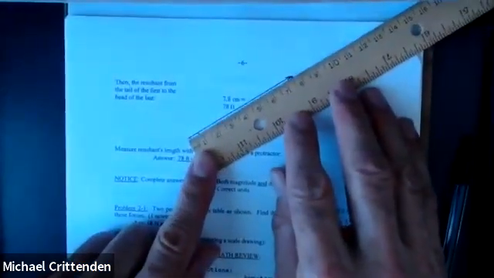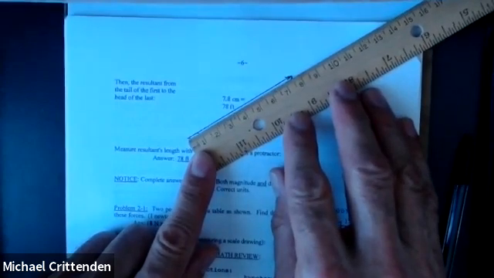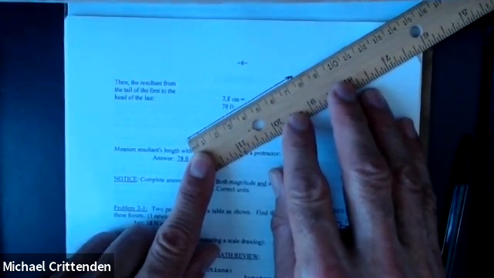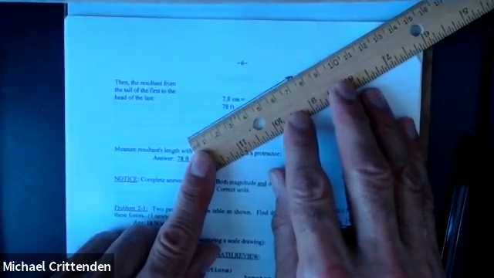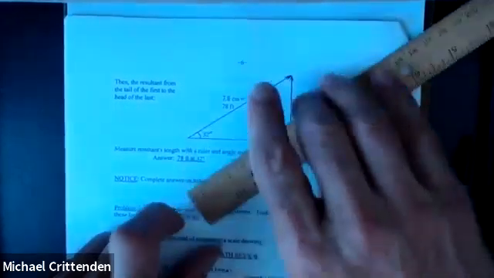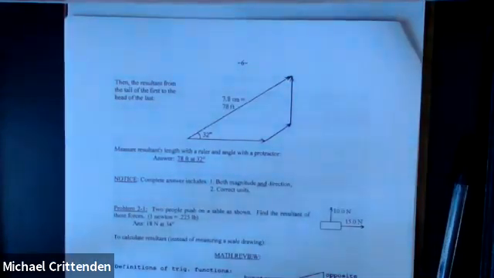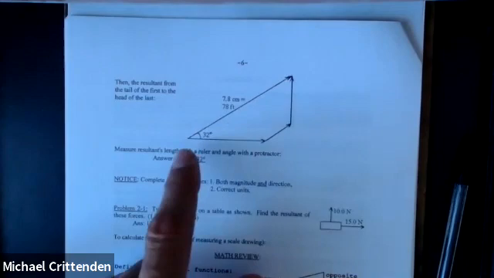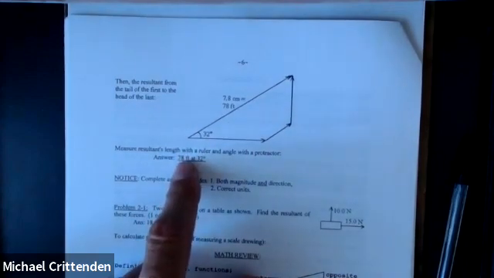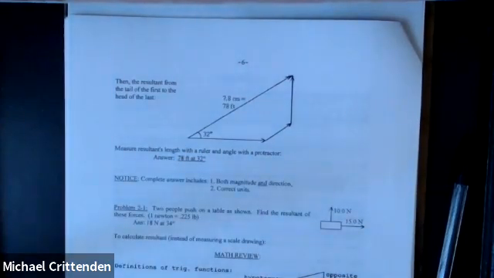Anyhow, you measure how long this is with the ruler, and it's supposed to be 7.8 centimeters long. Well, like I said, it didn't get reproduced to quite exactly the right size. That's looking more like 7.5 than 7.8, but it was supposed to be 7.8. And so 7.8 centimeters on the drawing represents 78 feet in the real world, because that's the scale it was drawn to.